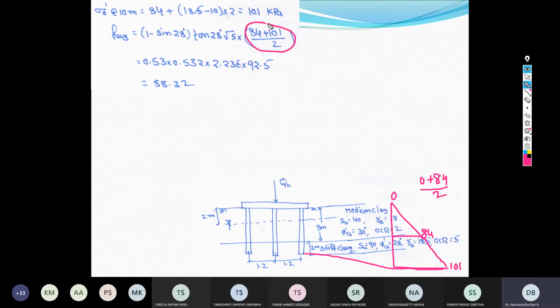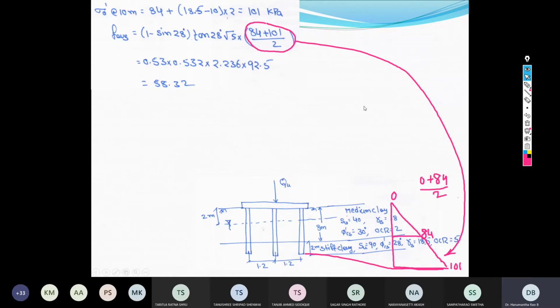Substitute, and straight away you will get f average, that is 58.32. So you have now calculated the average unit skin friction for layer 1 and layer 2.